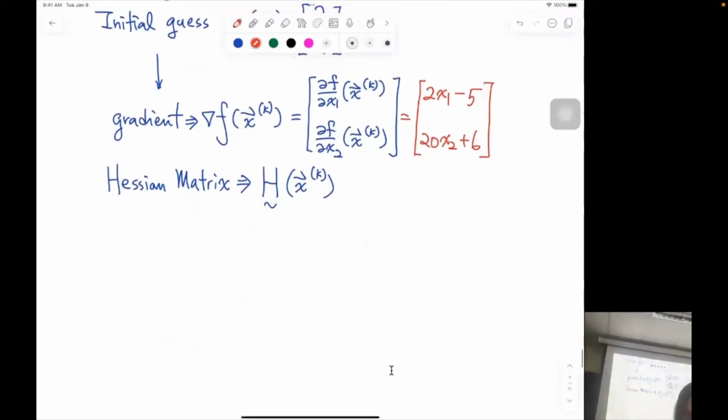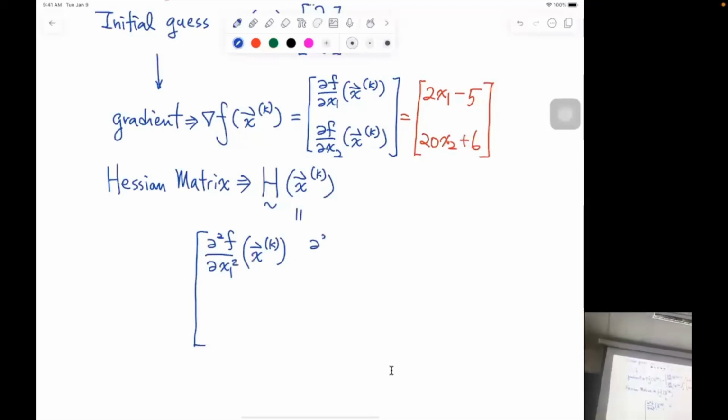How about the Hessian matrix? The Hessian matrix covers all the second order derivatives. Let me show you. Second order partial derivatives. Don't be scared by the math again. It's not difficult.